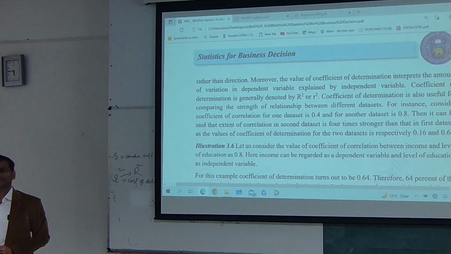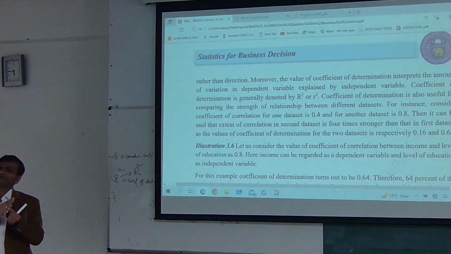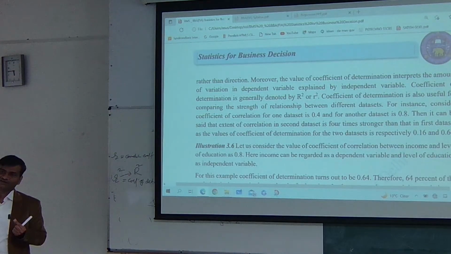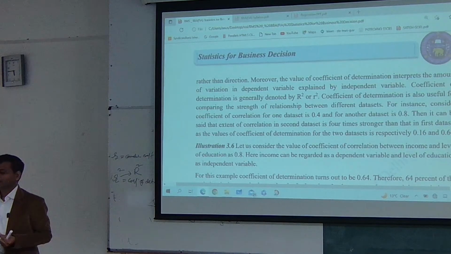Since its value lies between 0 and 1 only, while the correlation coefficient goes from -1 to +1, it goes only from 0 to 1.